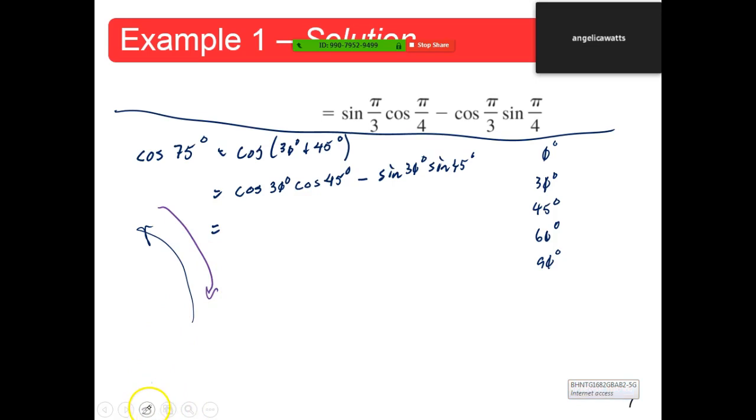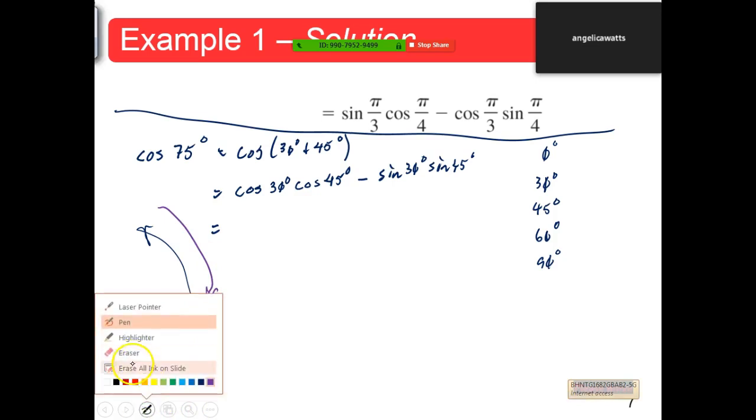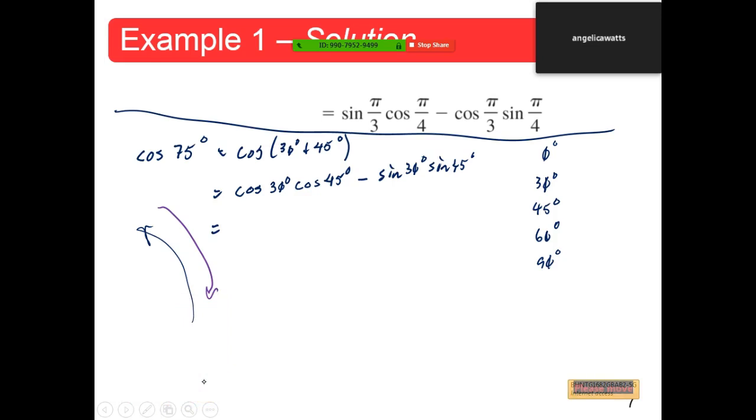So what was the cosine of 30? Cosine started at 1 here, then square root of 3 over 2 at 30 degrees. Square root of 3 over 2.